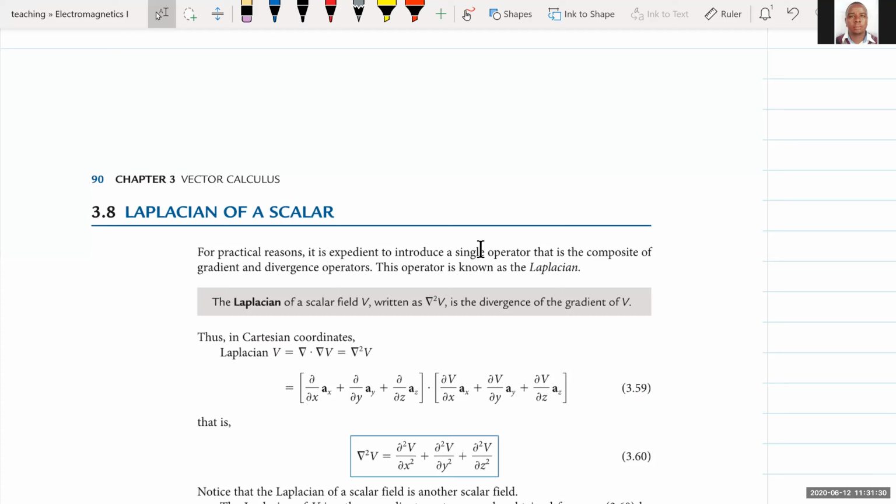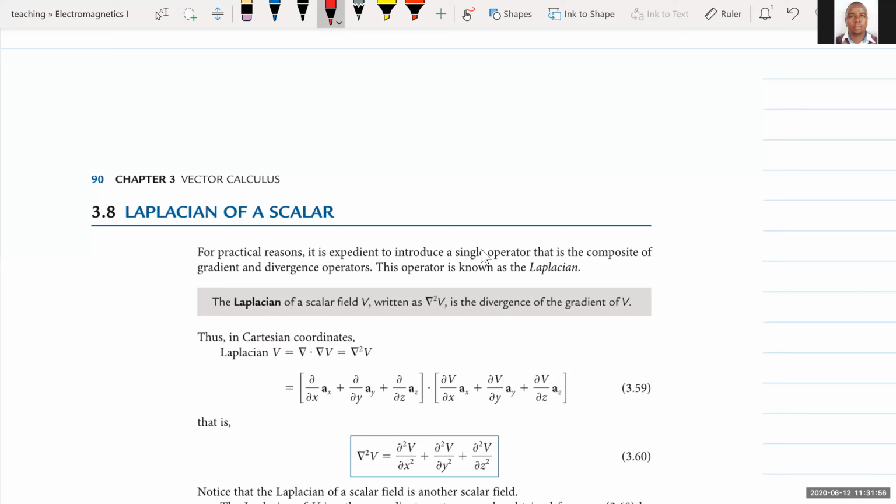So I know you'll be able to go through them, but on this case, I will still go through them in brief. And now say the following: that for practical reasons, it is expedient to introduce a single operator that is the composite of the gradient and divergence operators, which is known as the Laplacian operator.